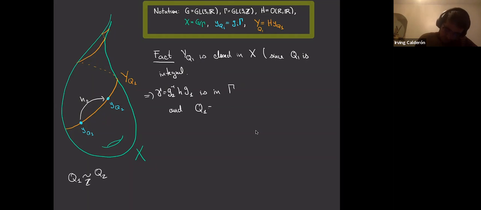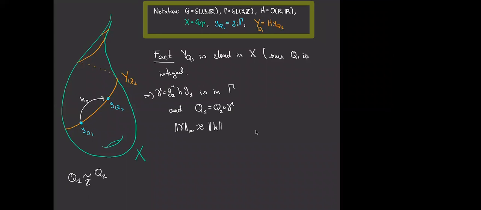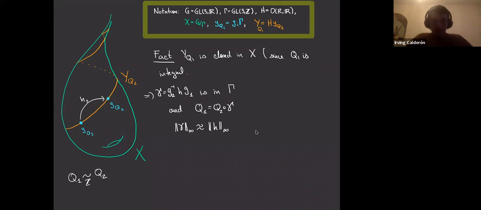And it takes Q2 to Q1. Since we have already fixed G1 and G2, the norm of this gamma is roughly the norm of this h. Okay. So, well, this is the picture.